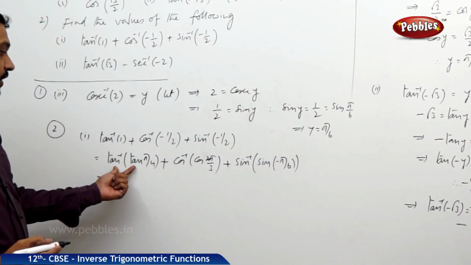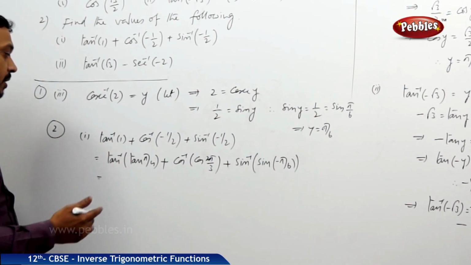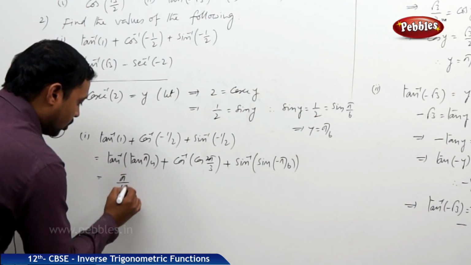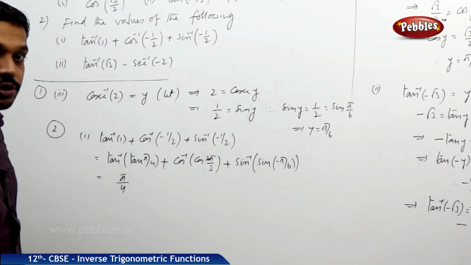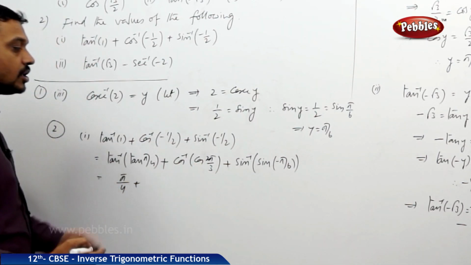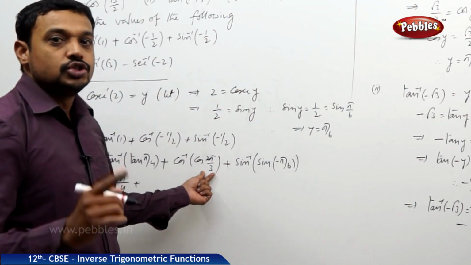So tan inverse of tan theta is equal to theta when theta belongs to the interval minus pi by 2 to pi by 2. So here pi by 4 is in its principal domain, hence that value is equal to pi by 4. Cos inverse of cos theta is also theta when theta belongs to its principal domain 0 to pi.